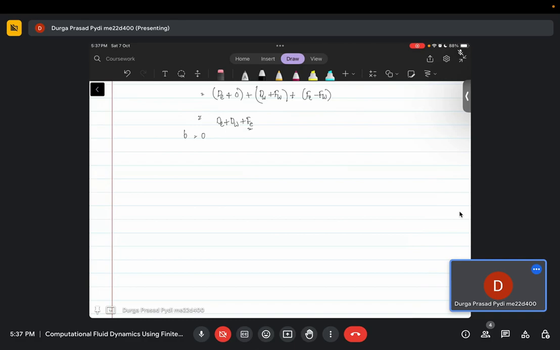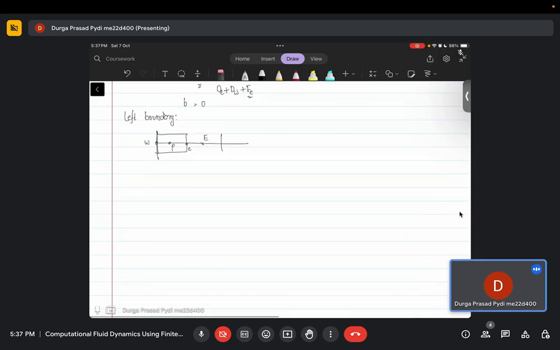Now let's see for the boundaries, say on the left boundary. When I am on the left boundary, first let me write the general equation and then we will see what happens.